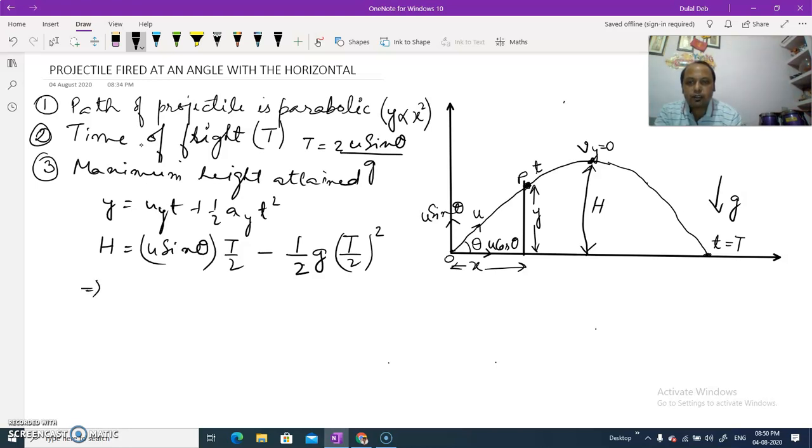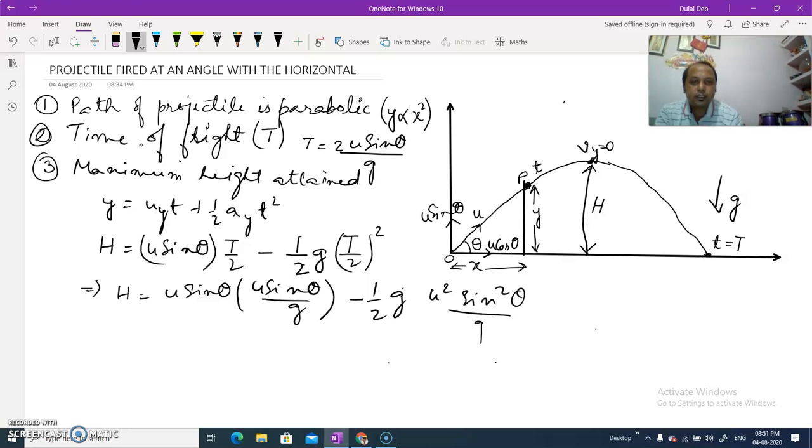So we'll just solve this equation. H is equal to U sin theta. The value of T by 2 from this equation for time of flight, you can see T by 2 can be written as U sin theta upon g. So we have written that minus 1 by 2 g, then the square of it, that is U square sin square theta by g square.